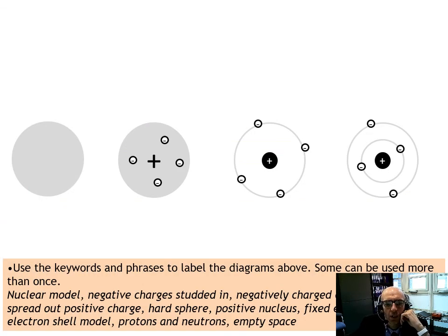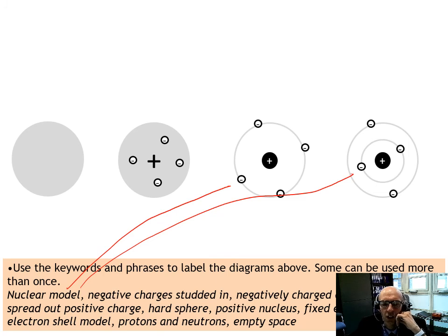And moving on to the next one, what would I have written? I would have put a nuclear model with these 2. Negative charges studied in, I would have put with this. Negatively charged fixed, I would have put here. I just need to move where the camera is.